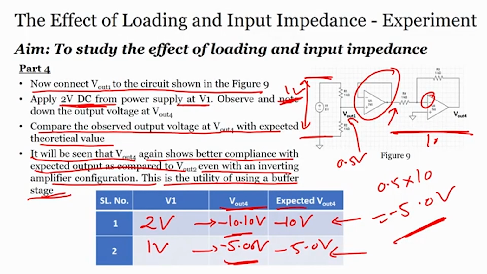So, if I quickly recall, this is part 4. So, what have we seen? We have seen 4 different parts. First, we have seen just a voltage divider, right, and we measured the output of the voltage divider. Then we saw the inverting amplifier and its output. Then what did we see? We integrated the inverting amplifier with the potential divider, and we saw the effect of loading.